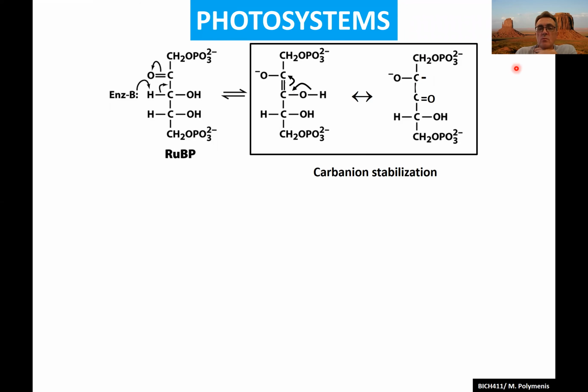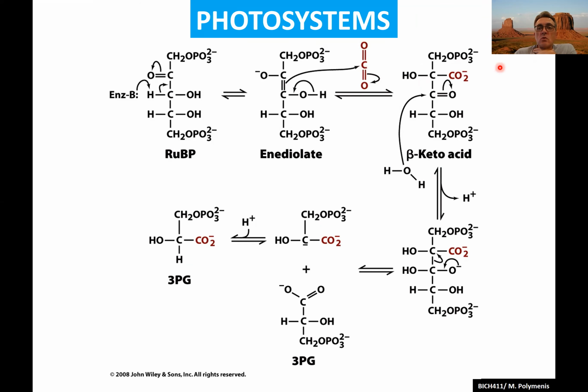It will attack the CO2, and almost immediately it gets split into two 3-carbon units in the scheme shown here. The keto group that was formed when the carbanion attacked the CO2 will play a role, as this carbon-carbon bond is essentially hydrolyzed.